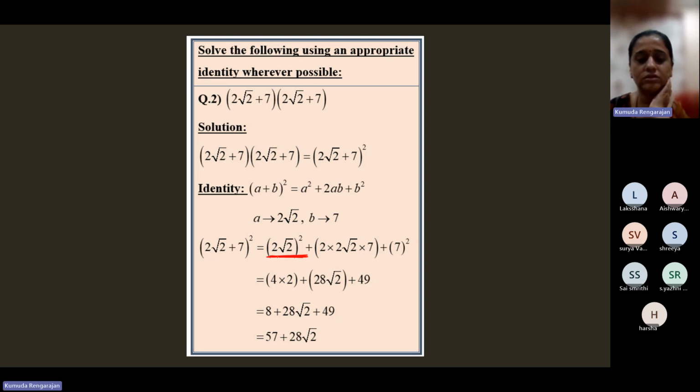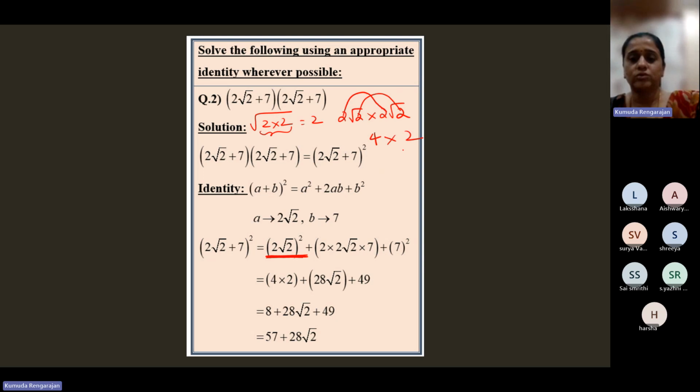So here the 2 root 2 the whole square is 2 root 2 into 2 root 2. So 2 into 2 is 4. And square root of 2 into square root of 2 is square root of 2 into 2, which is 2. So from 2 equal factors, 1 out of the square root.